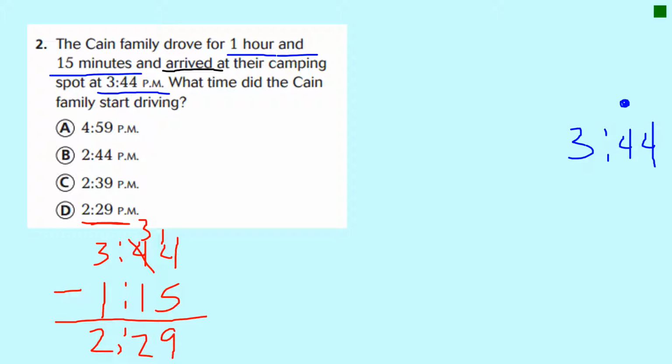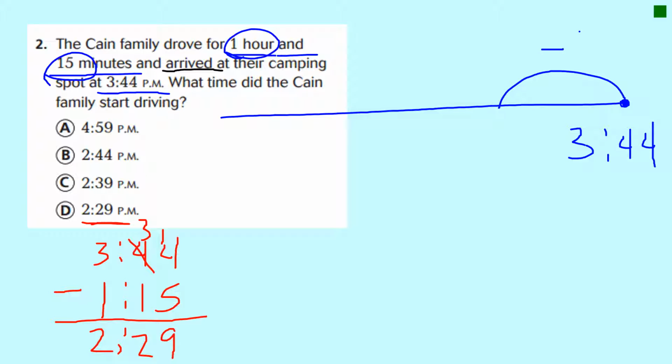All right, let's just really quick do a little open number line and check it. Seems reasonable, though. So they drove for 1 hour and 15 minutes. So 1 hour back is, of course, 2:44, right? We took that 1 hour away. Now let's do some minutes. 15 minutes.